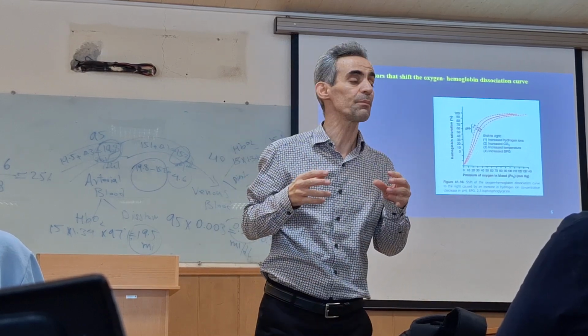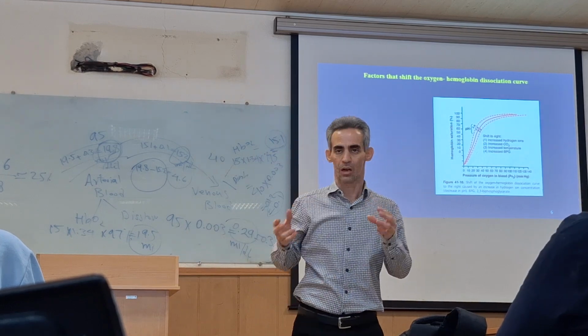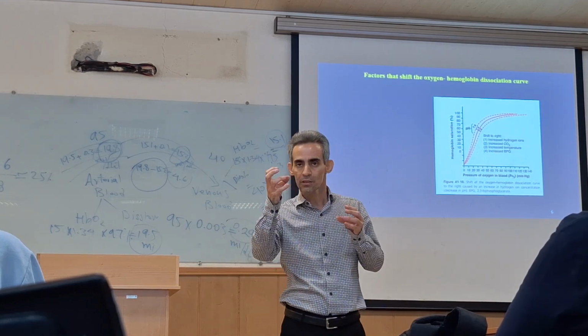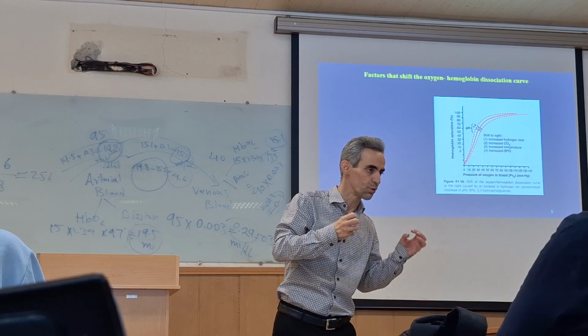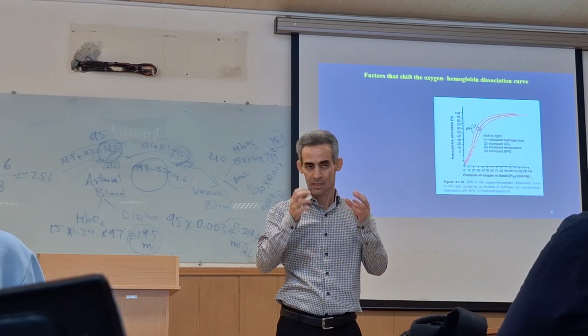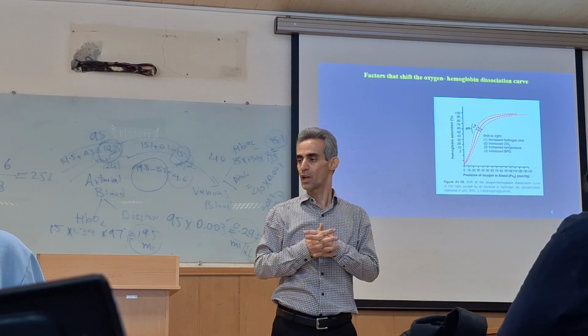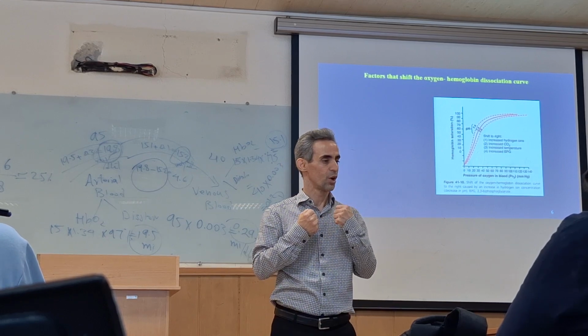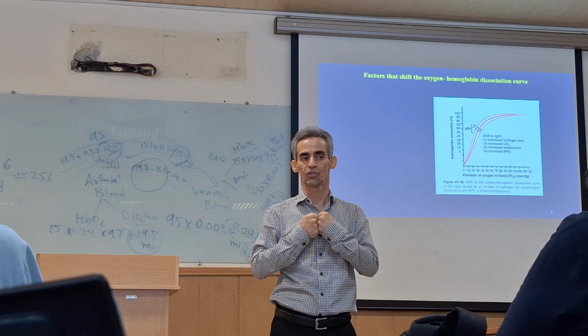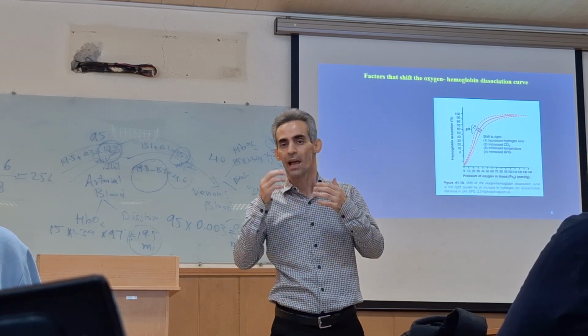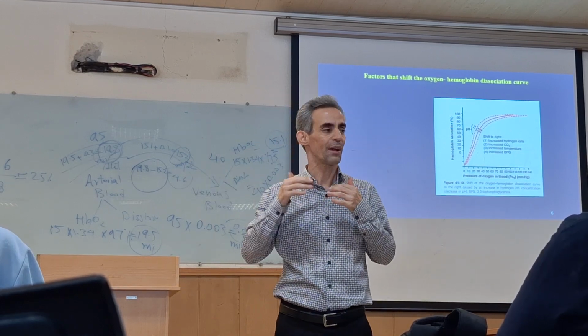Here is a very good optimal location for binding of oxygen to hemoglobin. Here the affinity of hemoglobin is very, very high and it wants to absorb this oxygen. And here we say that at the level of the lung, we have the shift to left.